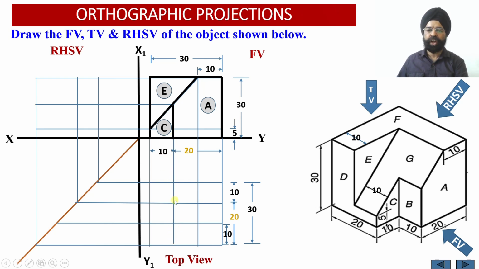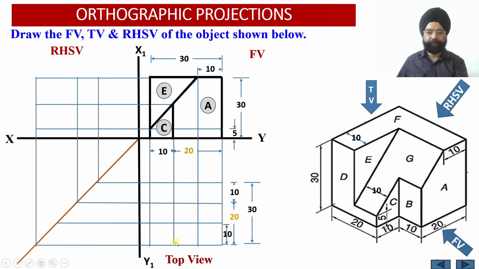Please check, the 10 millimeter dimension along the width I had already drawn while drawing the front view. Now this is the depth which I need to draw. So this is my 10 millimeter depth which I have drawn at the front side. This is the front face over here.